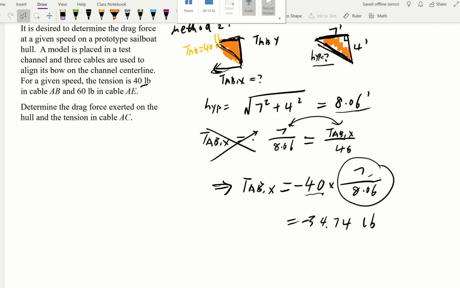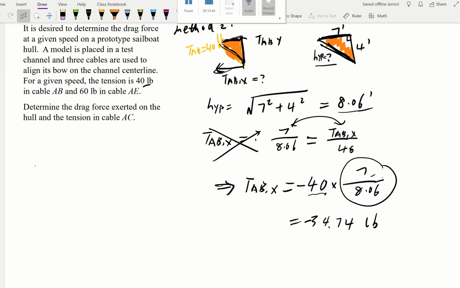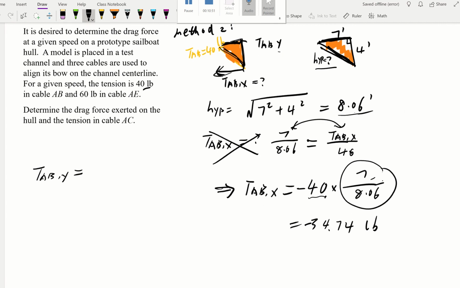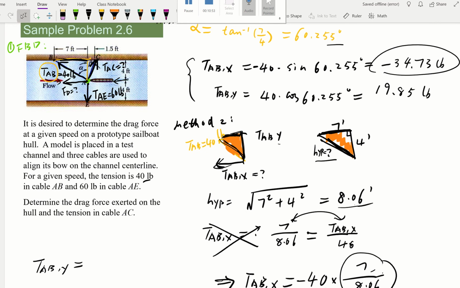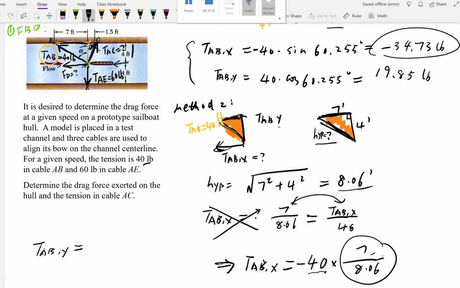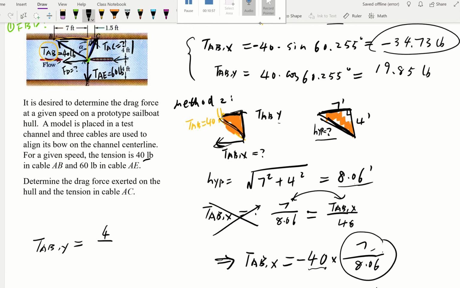So the same thing, you can solve TABy. And in this situation, I'm going to just write down our equation right away. TABy, the y component, it's going to be this 4 foot, right? Because it's y, so it's 4 foot over hypotenuse of 8.06, then times this TAB, 40 Newton. That's it.